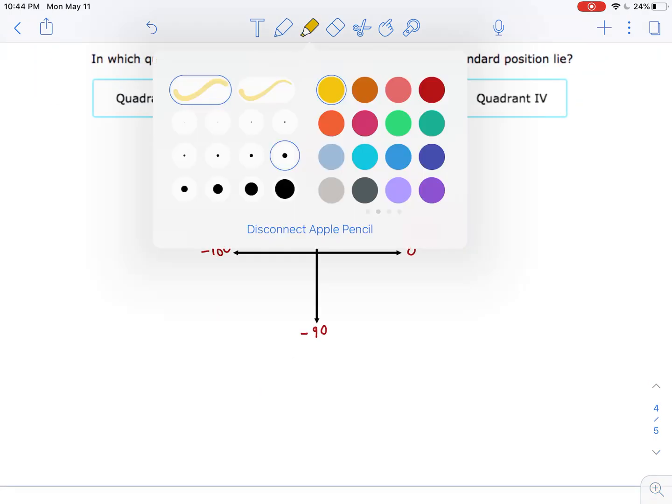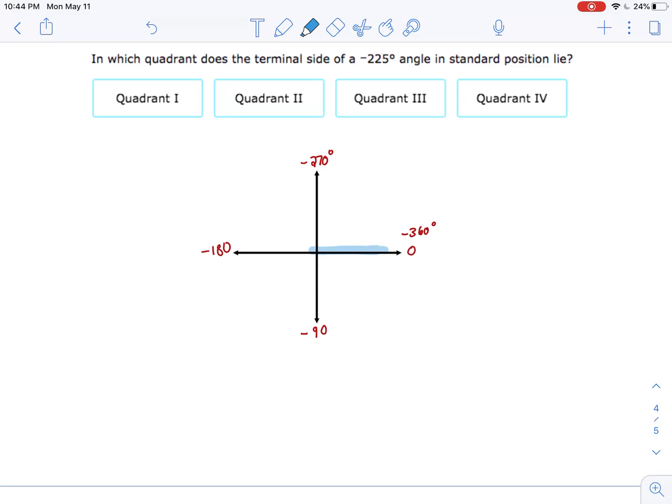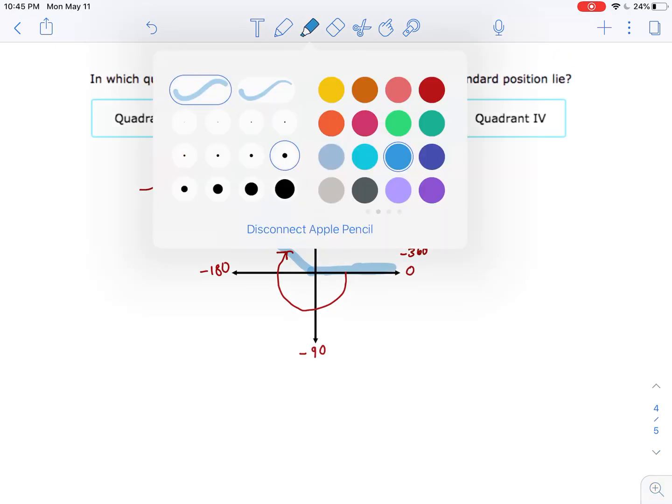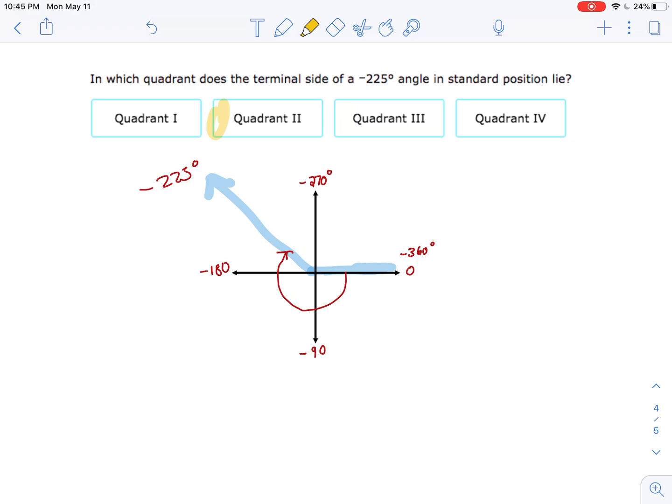We have our initial side, the positive x-axis. We're opening in the negative direction, so it's going to come around to negative 225. That's going to be in the second quadrant. So the terminal side ends in quadrant 2.